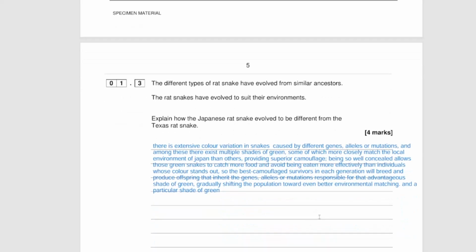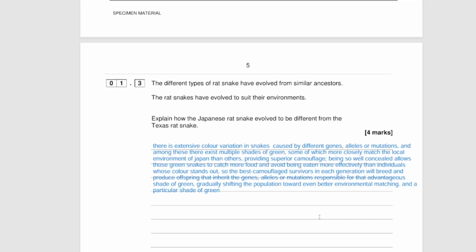It's a bit long, but I'm just going to go through it and then explain it a bit. And this is due to there being extensive colour variation in snakes caused by different genes, alleles, or mutations, and among these exist multiple shades of green, some of which more closely match the local environment of Japan than others, providing superior camouflage.